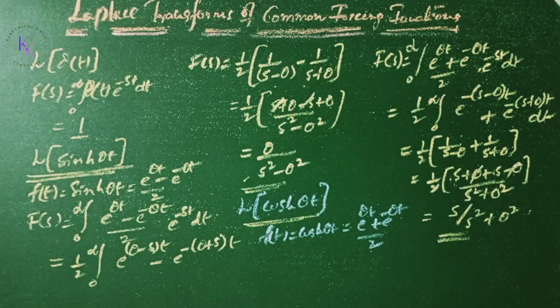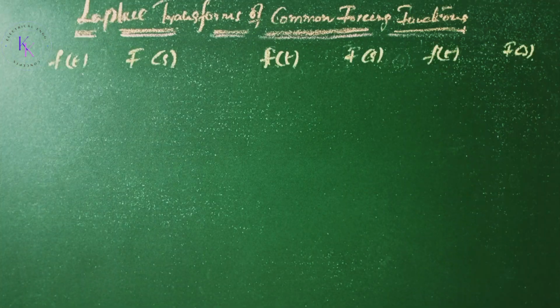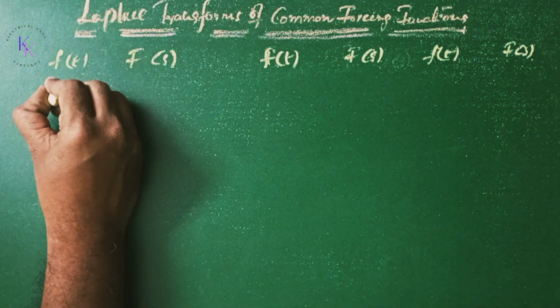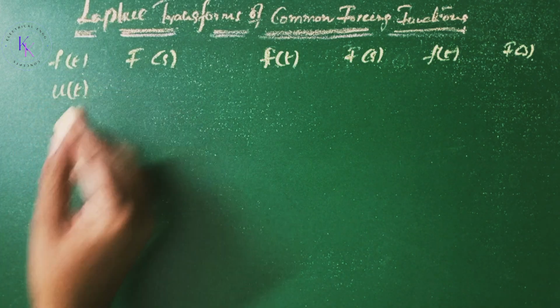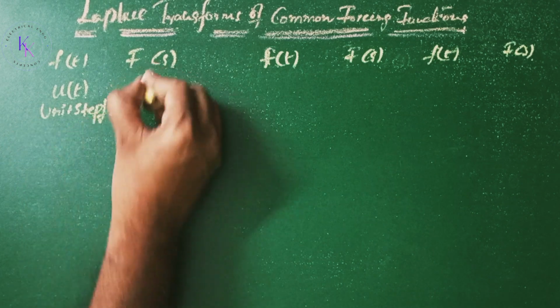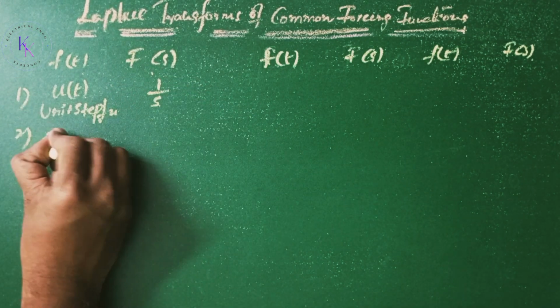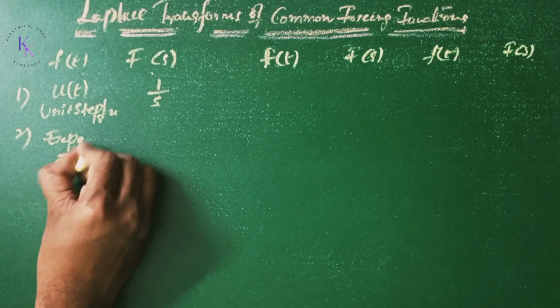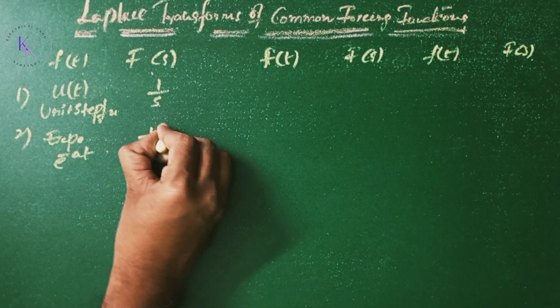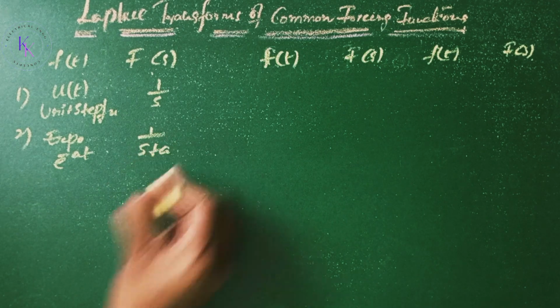These are the Laplace transforms of the common forcing functions. Let us remind them. First we found the Laplace transform for the unit step function, which is 1 by s. The second one, for exponential function e power minus at, we got 1 by s plus a.